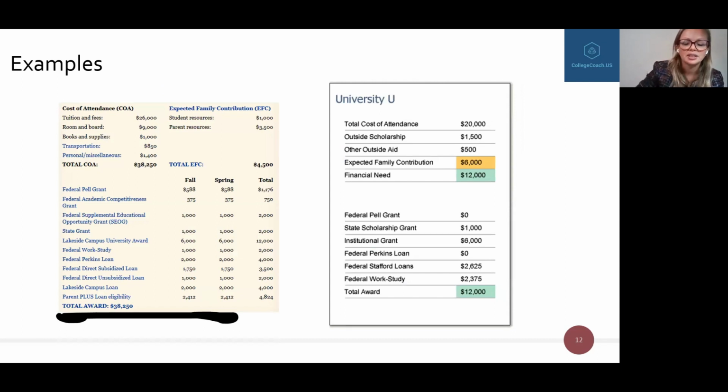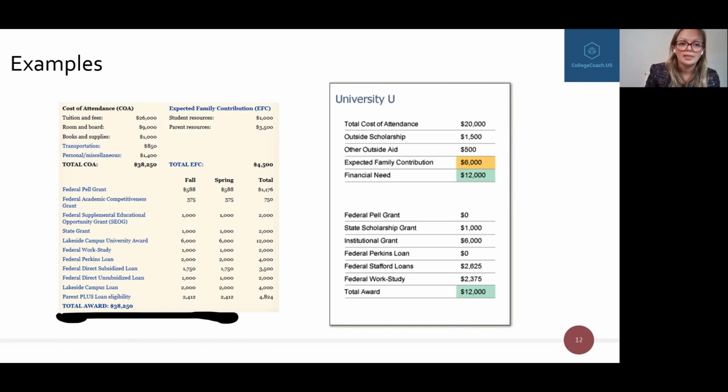On the left, they list the cost of attendance, which is great: tuition, fees, room and board, books, all standard. They also point out that the expected family contribution was $4,500, with $1,000 from the student and $3,500 from the parents' resources.